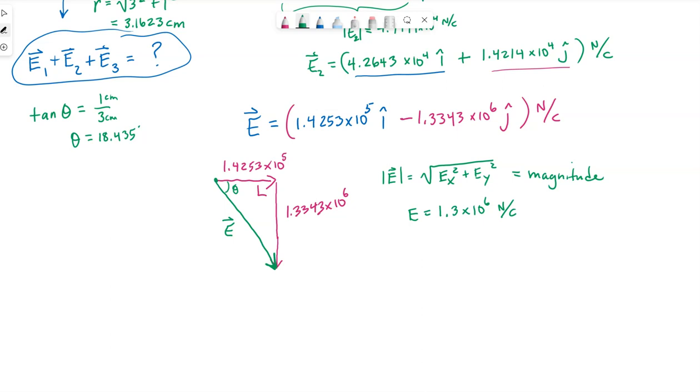The direction is our angle. And I'm going to solve specifically for the angle I already labeled in my picture. I know the tangent of that angle is the opposite side, which would be this y component, over the adjacent side, which is this x component.